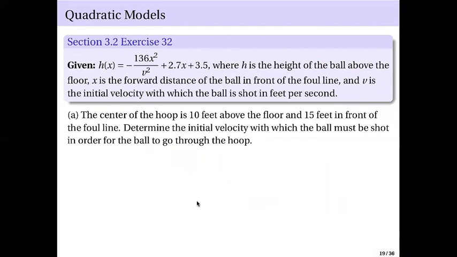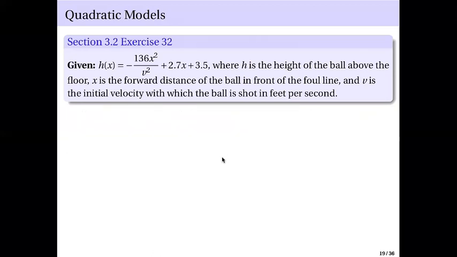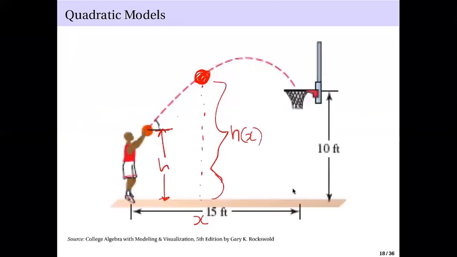So how do we do this? In here we have h equals 10 and x equals 15. Why? From this point up to this point, that's your 15, and it's the distance from the foul line. So that's your x. x equals 15.